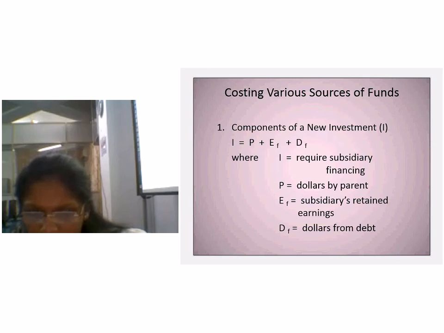Otherwise, we have to consider the borrowing rate of the parent company. But this source is specifically mentioned as local currency borrowing by the subsidiary. Dollars from debt means local currency borrowing by the subsidiary.